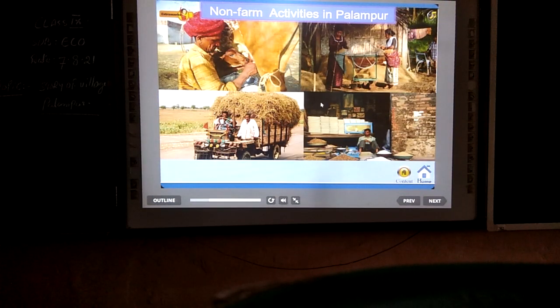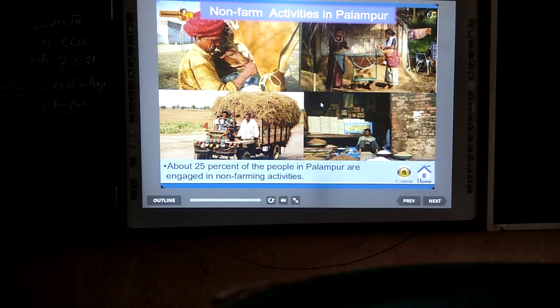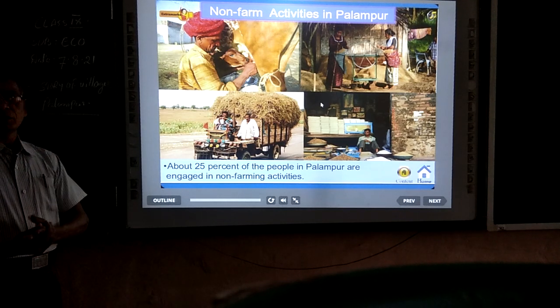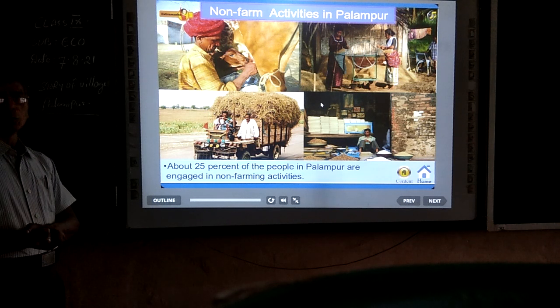Now we will study about non-farm activities in Palampur. About 25% of the people in Palampur are engaged in non-farming activities. So far we have discussed agriculture, how land has been distributed, what crops they cultivate, and how they transport the produce to nearby cities like Raiganj as well as Shahpur.